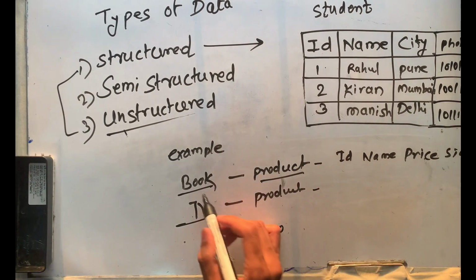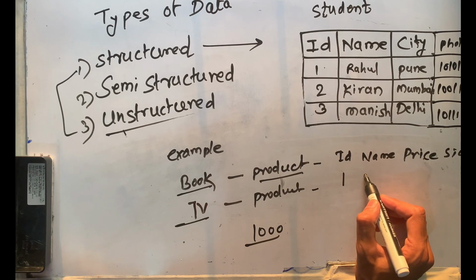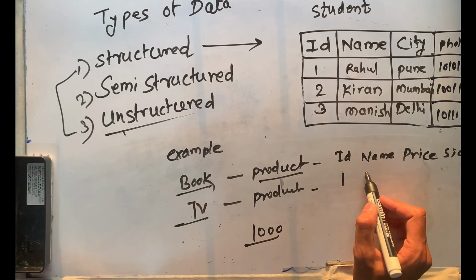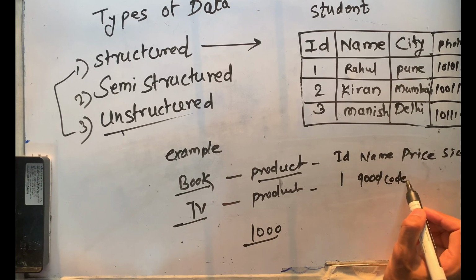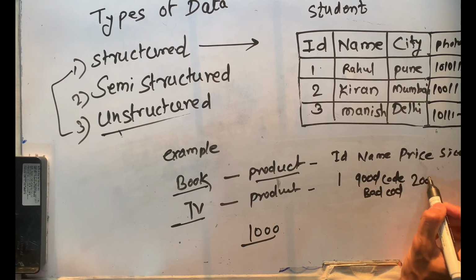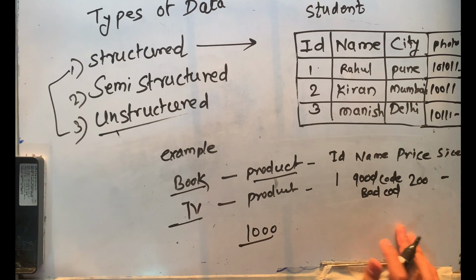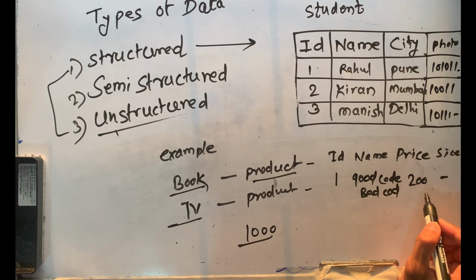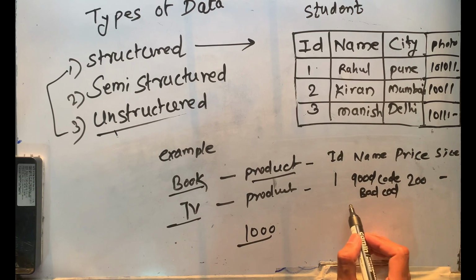But suppose I have to insert one record like product one, the book named Good Code, Bad Code, then the price is 200 rupees and size or some other factors, like where it is published, the ISBN number, and a location or something like that.